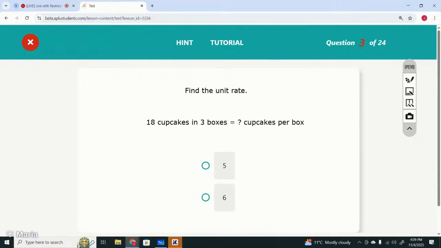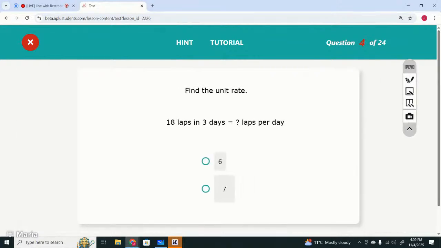Three times 6 is 18. So the correct option is 6 cupcakes per box. Option number 2 is the correct option.